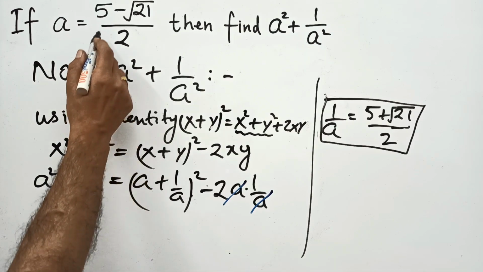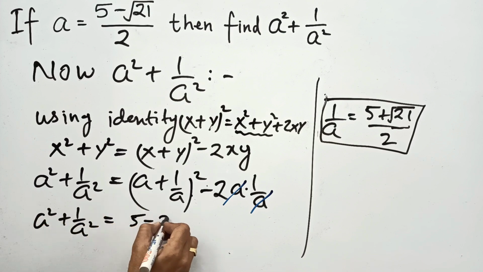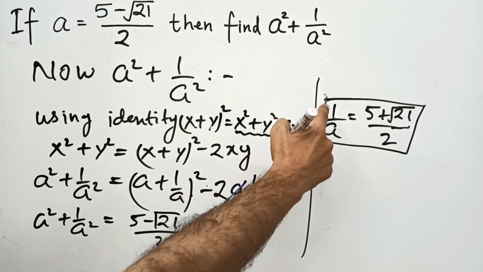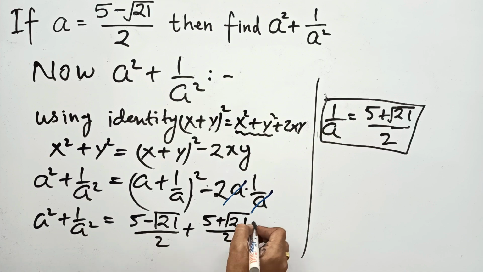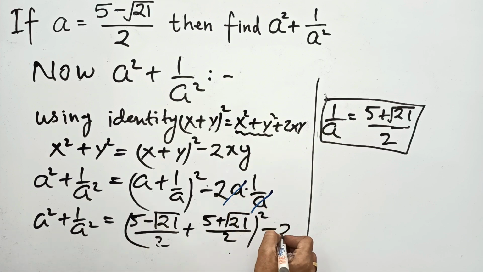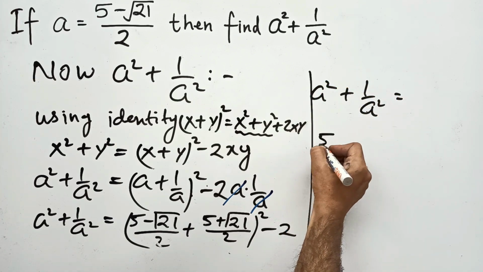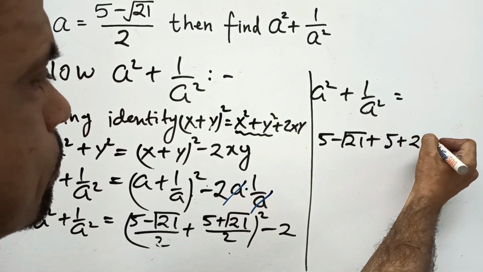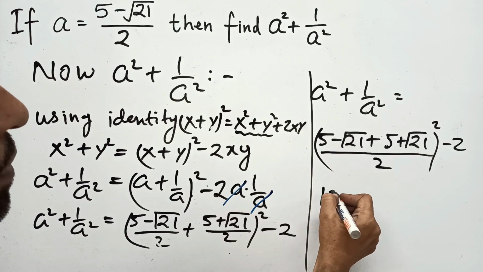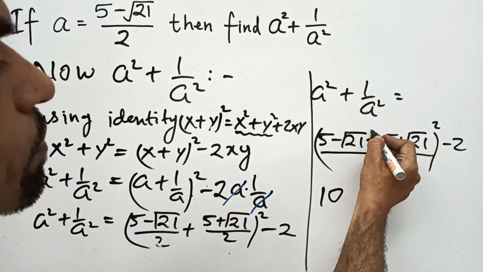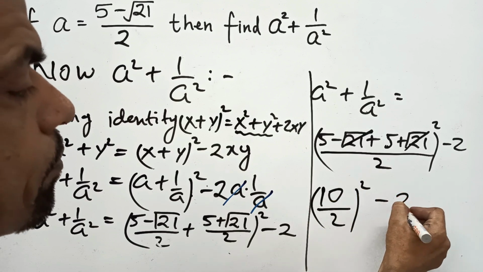Now in place of a we will put (5 minus square root 21) upon 2, and in place of 1 upon a, (5 plus square root 21) upon 2, whole square, and this minus 2. 5 plus 5 is 10, root 21 minus root 21 cancels, upon 2 whole square minus 2.